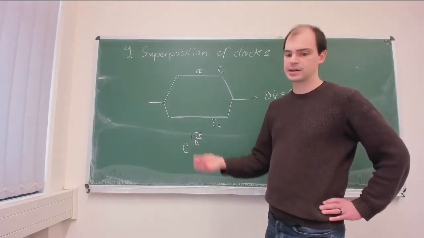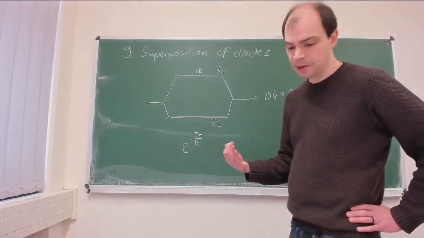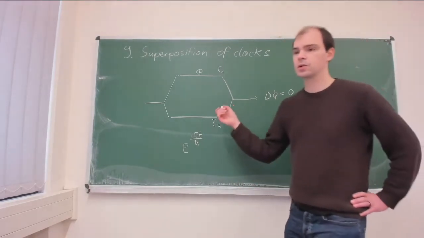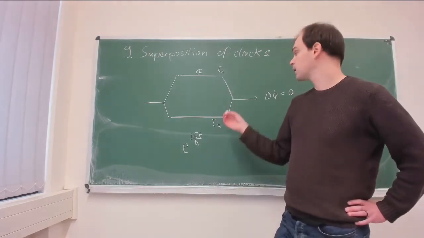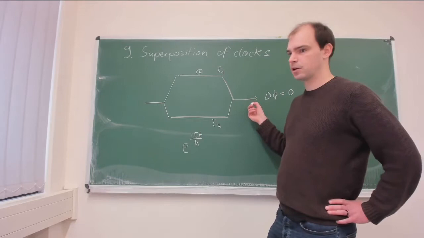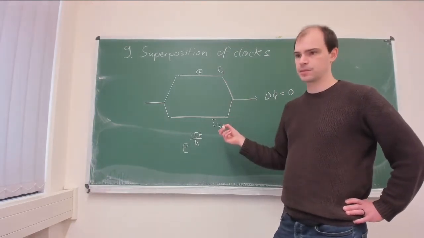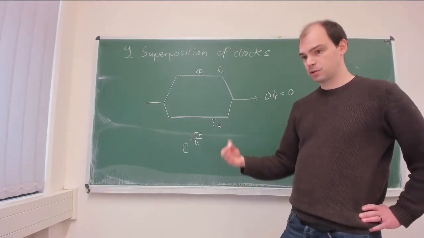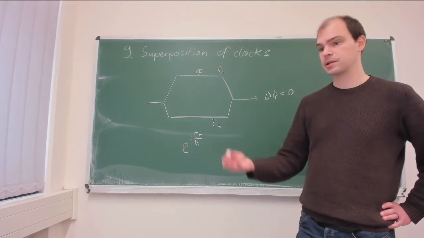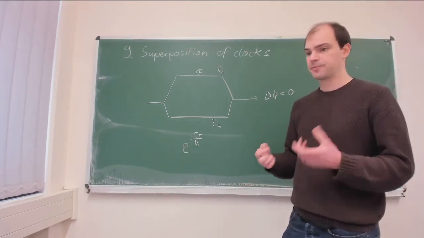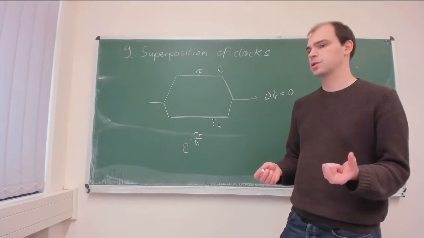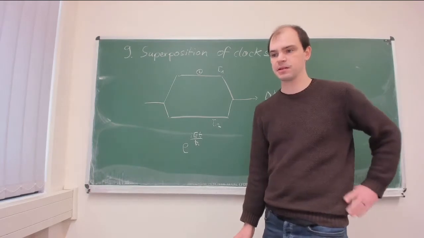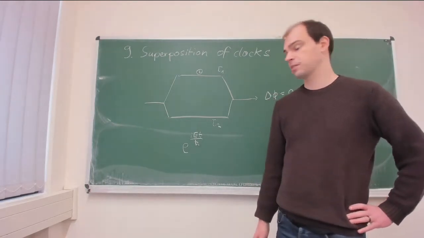This is basically the idea, or more intuitively speaking, we know as a principle of quantum mechanics that we get an interference pattern if we cannot tell which path a particle took, so if we don't have which-path information. If we gain which-path information, for example in the double slit experiment, if we have some device behind one of the slits that indicates the particle took this path, then we destroy the interference pattern.